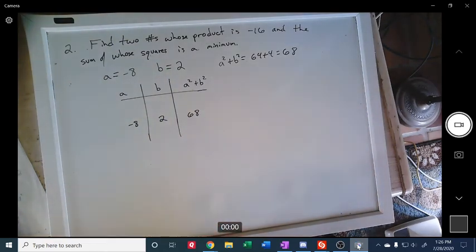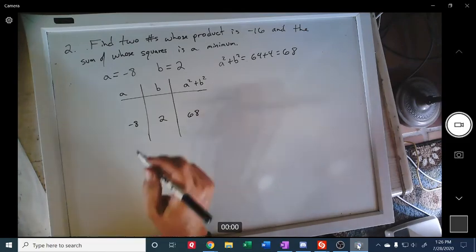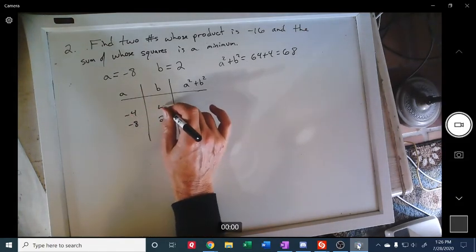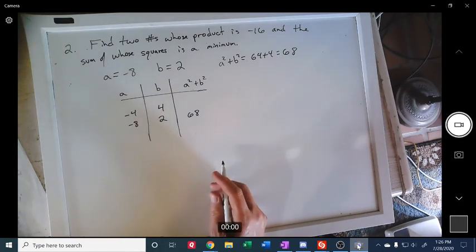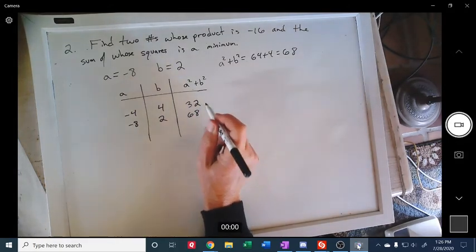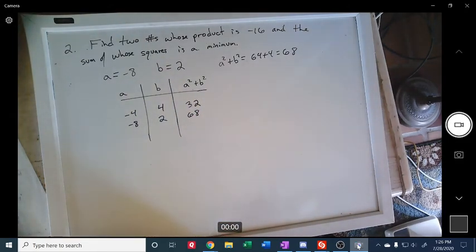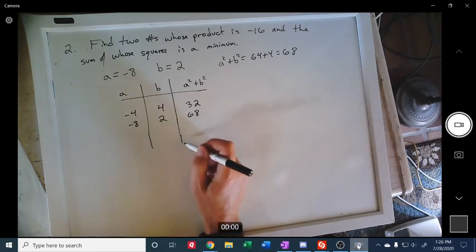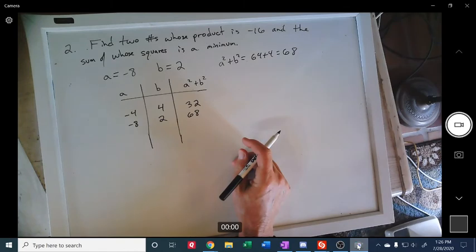Can you give me another example? -4 and 4. And 16 plus 16 is 32, the sum of their squares. Can you give me one more example? -1 and 16.